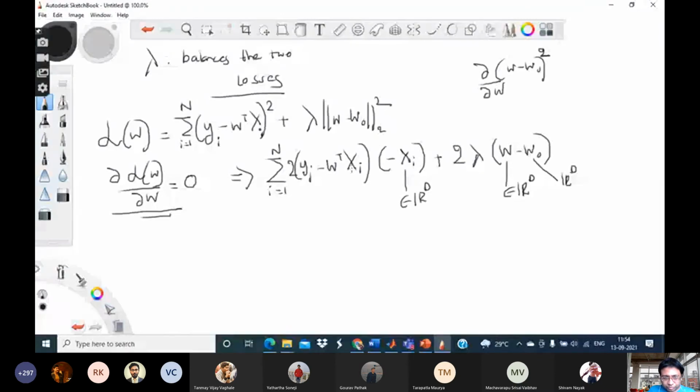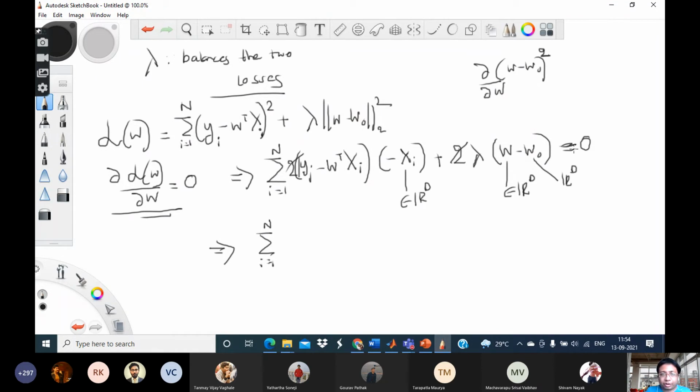Now what we can do is rearrange all these terms. Basically, now we have to play around with a bit of algebra, so let us try to do this quickly. The factor of 2 you can just cancel from both sides because you are equating the whole expression to 0.